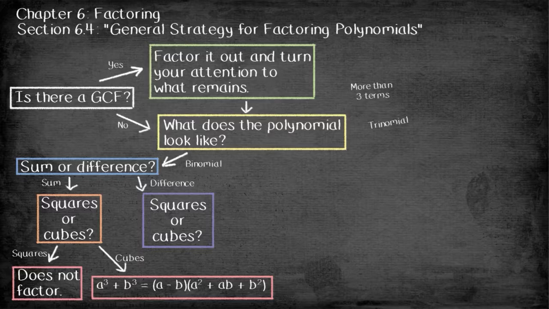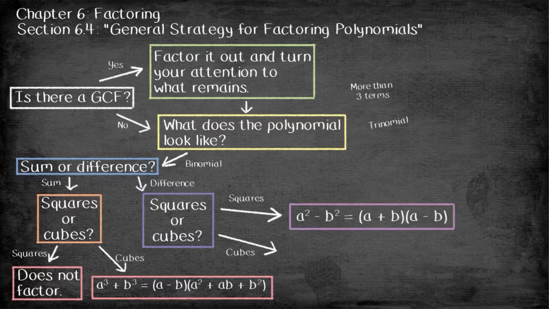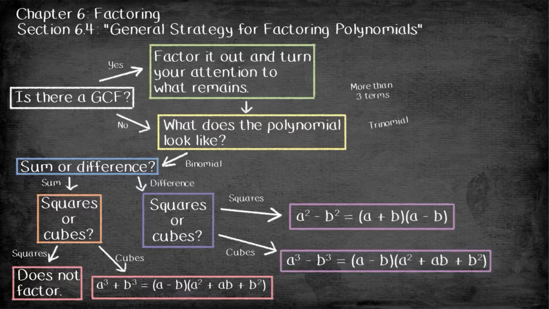Now let's go back to when we have a binomial difference, here in this purple square. We ask ourselves, do we have squares or cubes? If we have the difference of squares, we know how to factor that. That's one of the special ones. And if we have a difference of cubes, we know how to factor that too. That's another special situation.